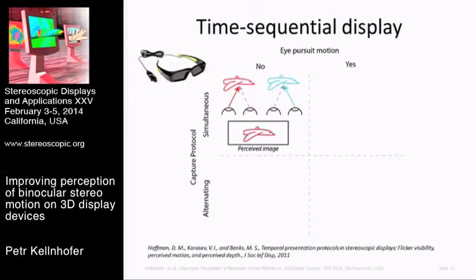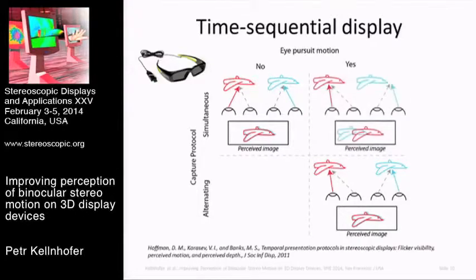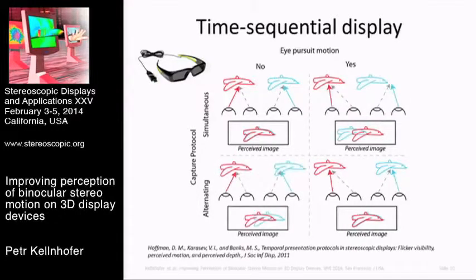While if you are following a moving object, then you assume that in the next moment of time the object will be at another location, so you need to display it at the proper location. In other words, you need to capture at the proper time. If you use the other two possible combinations, you will again get some additional disparity, which is false and should not exist in the content.